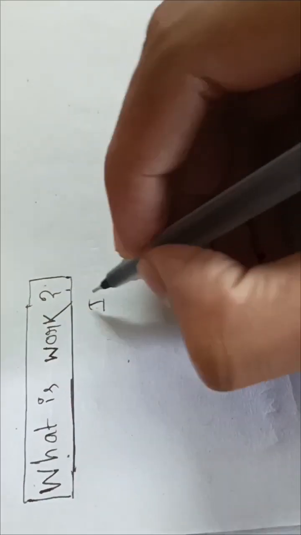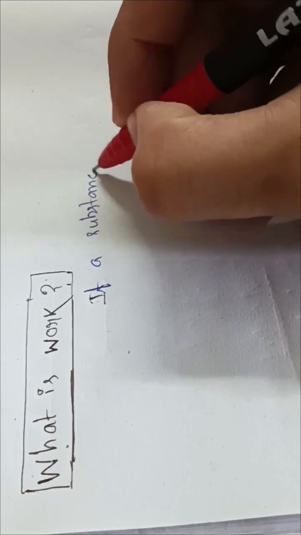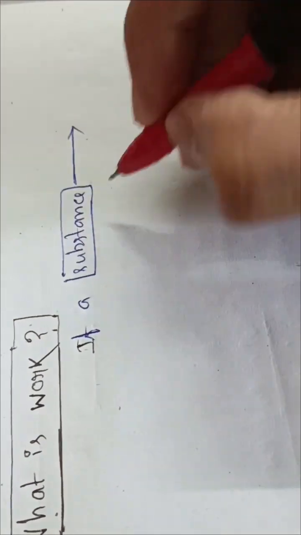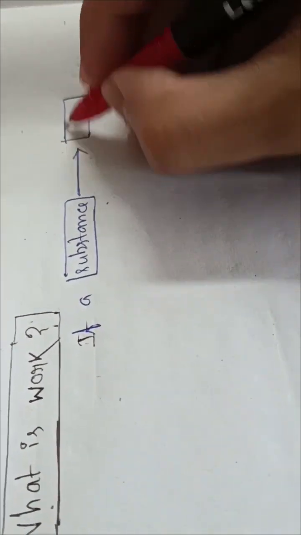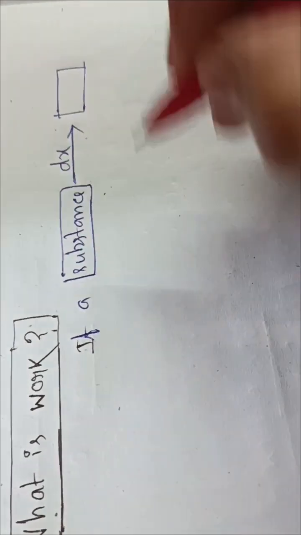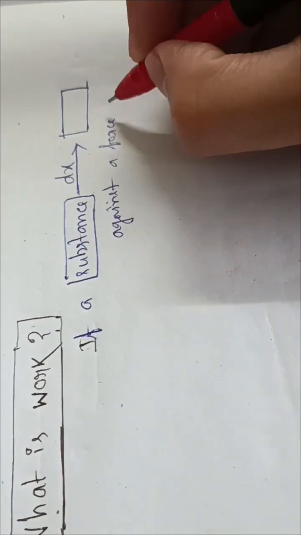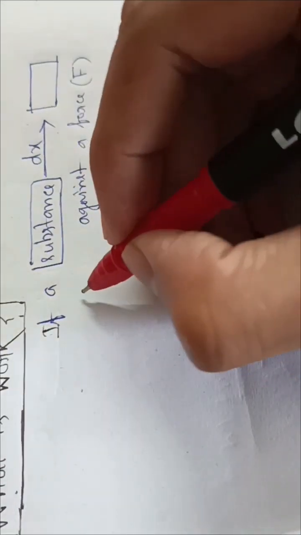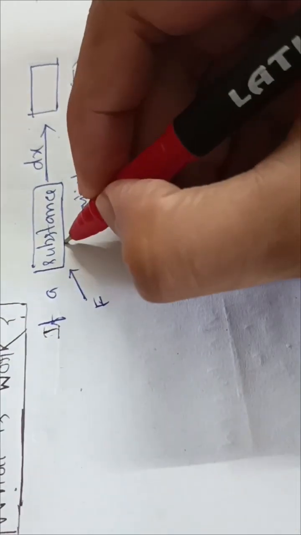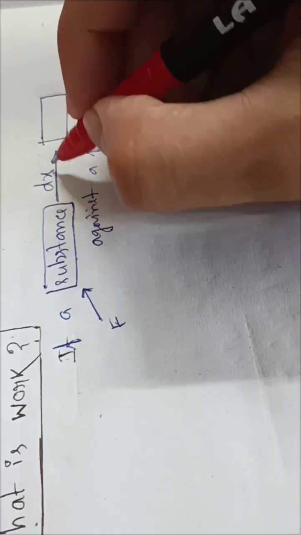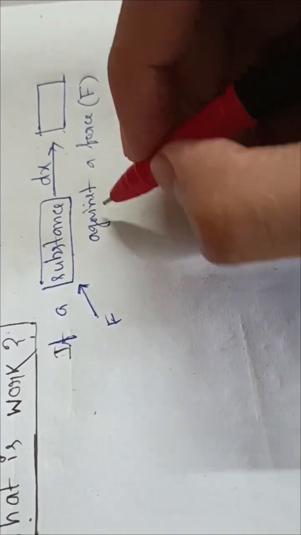If a substance is displaced from here to here, let's say its distance is dx, against a force F. When we apply a force F on this substance, it will be displaced a little amount, dx, and this is the displacement.